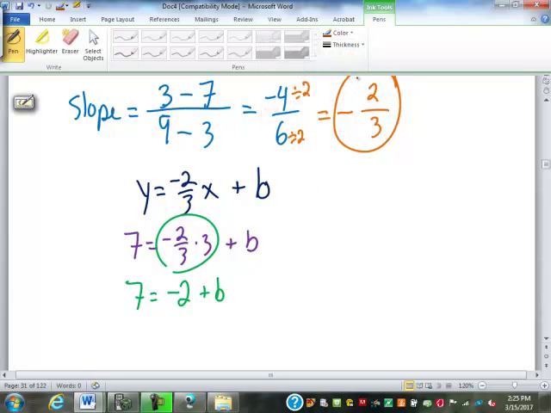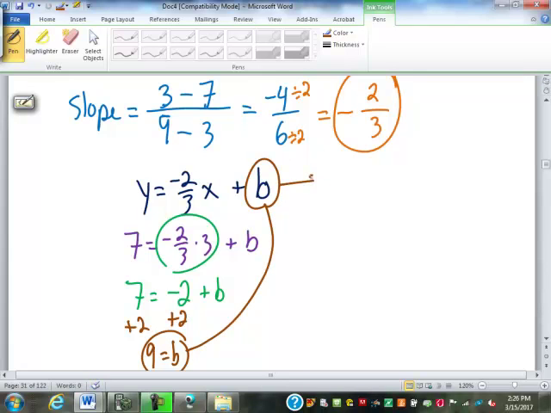And then? Well, you're going to add 2. Perfect. We add 2. So 9 equals b. Perfect. So y equals negative 2/3 x plus 9.